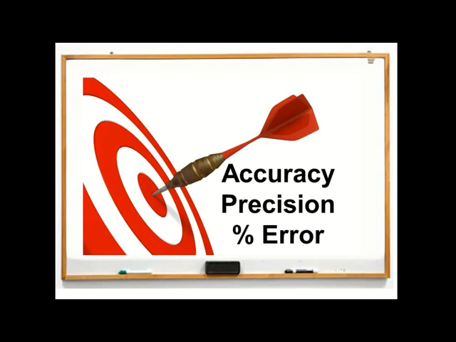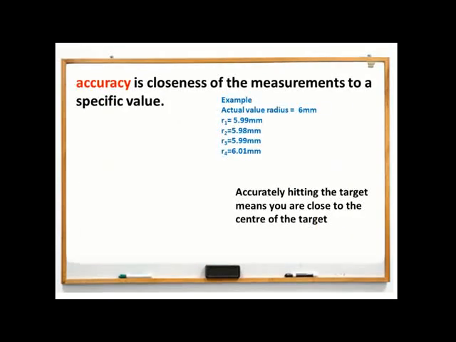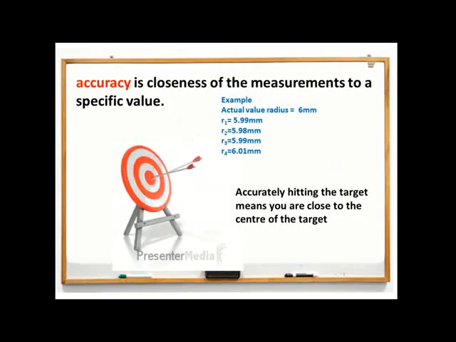Here we will see accuracy, precision and estimation of error in percentage. First we will see what accuracy means. Accuracy means the closeness of a measurement to a specific value. How close what we measured in the experiment is to its true value.